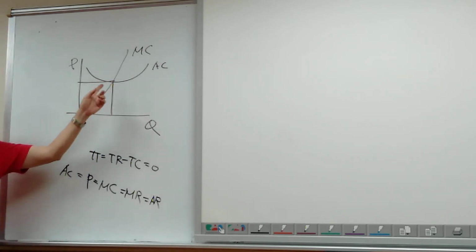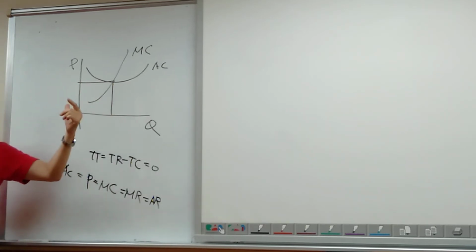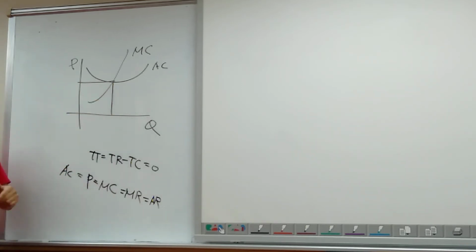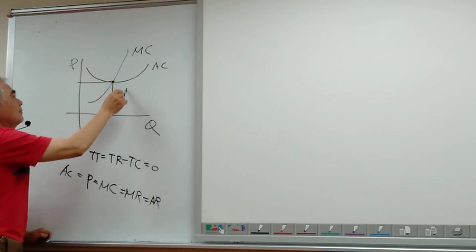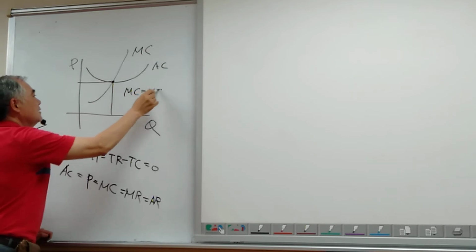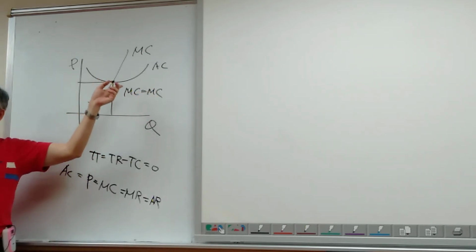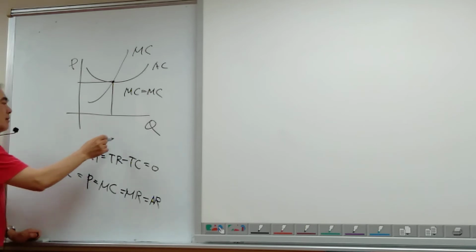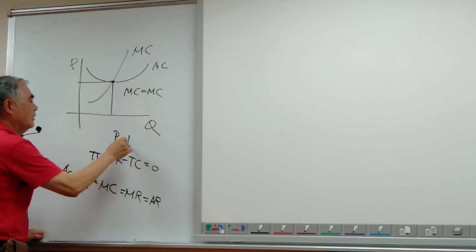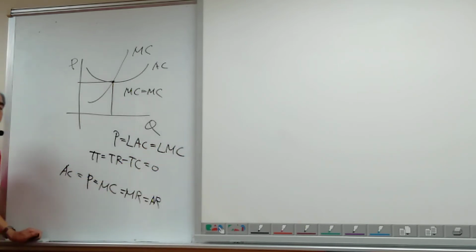And here is the point. Because in the long run, what happened? In the long run, there's no profit. The economic profit is equal to 0, right? And so necessarily, the production is at this point, where MC equals AC. And at this point, it is the most efficient production, right? So we know that P is equal to LAC equal to LMC. We talked about this before, right?